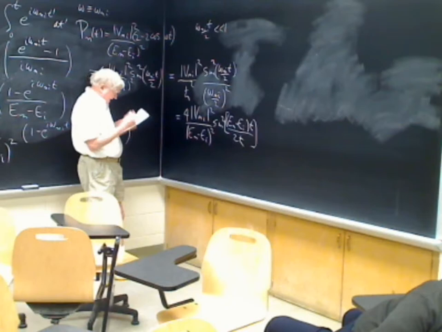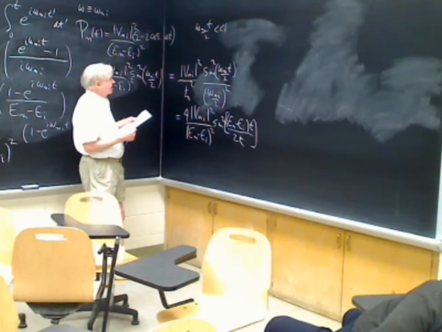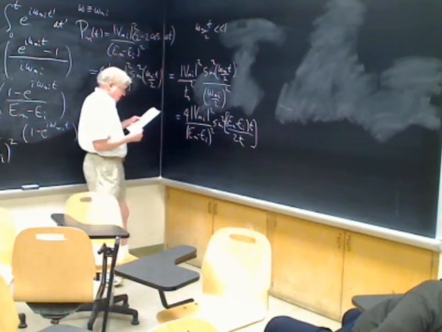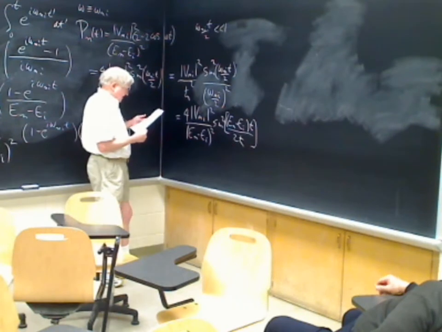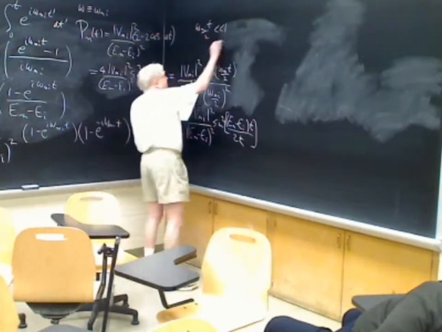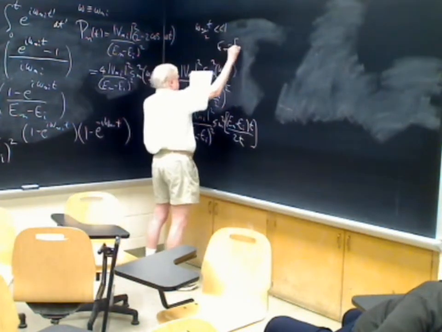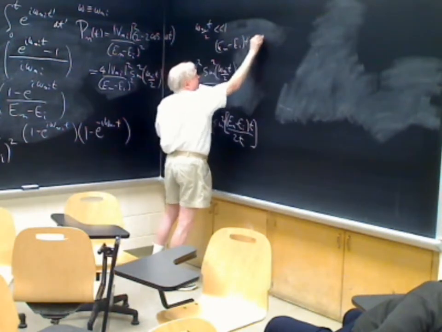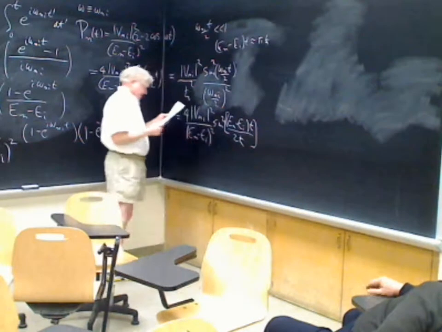But at slightly longer times, when omega_ni t over 2 gets around to be pi over 2 or so, then states with E_n minus E_i times t of the order of pi h bar start to dominate.